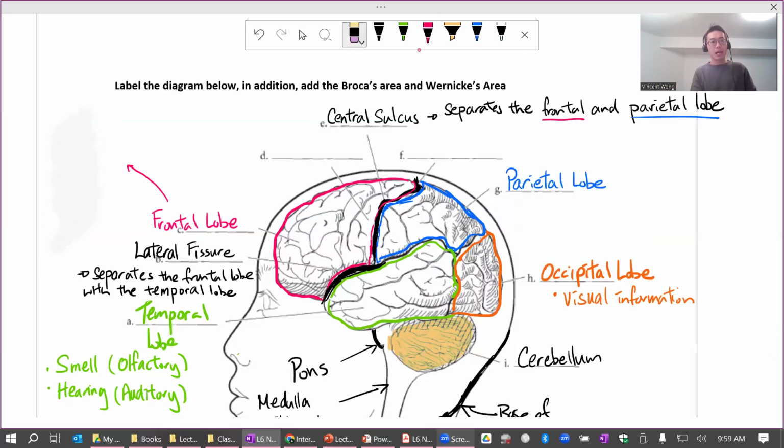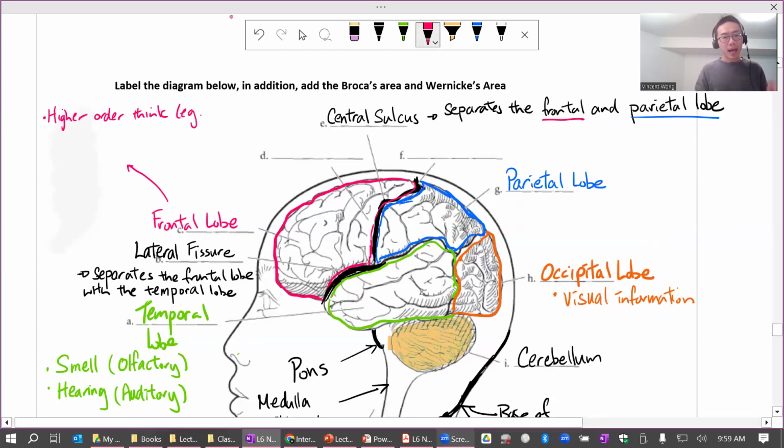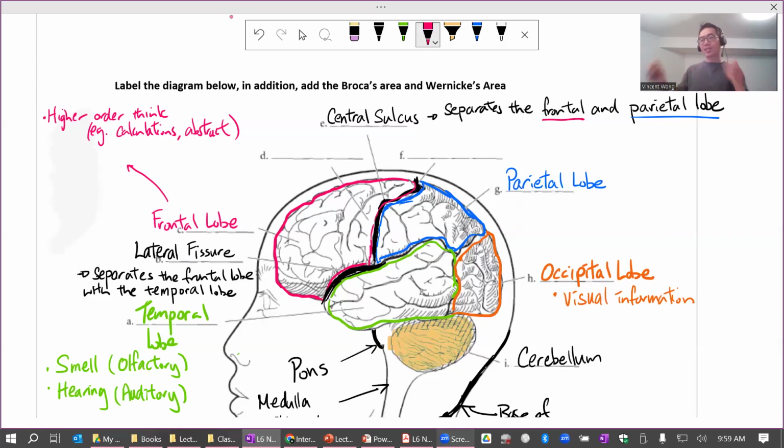So for example, in the frontal lobe, that's where you're going to have higher order thinking. Calculations, right? Abstract thinking. Being able to assess action and consequences, that's abstract thinking, right? So that happens in the frontal lobe.